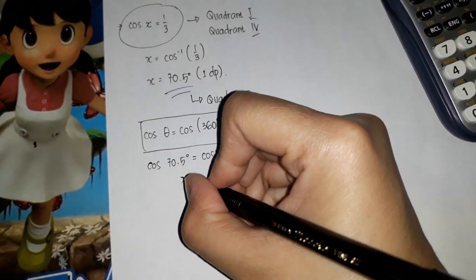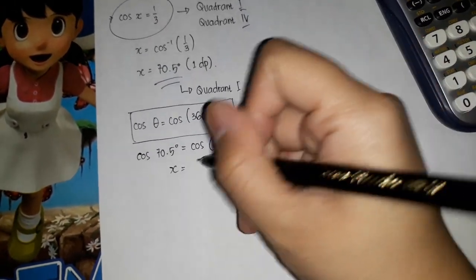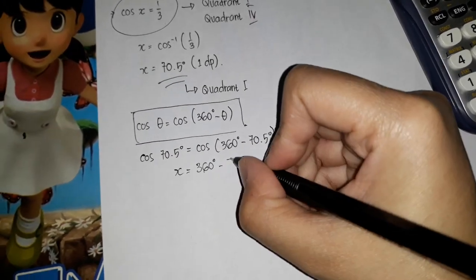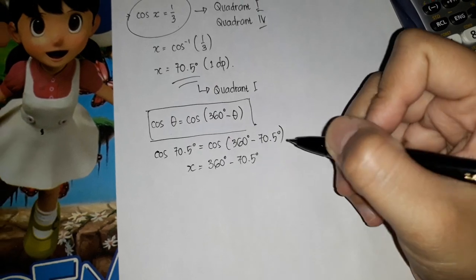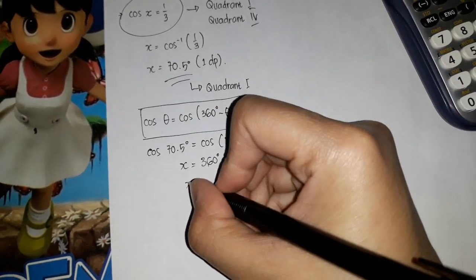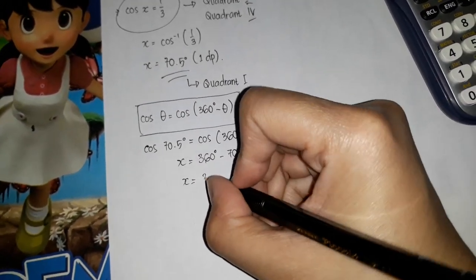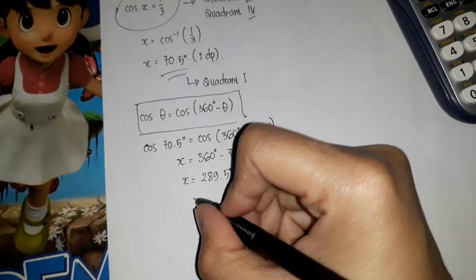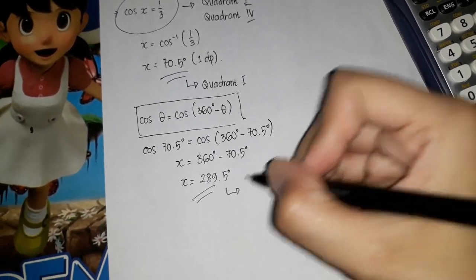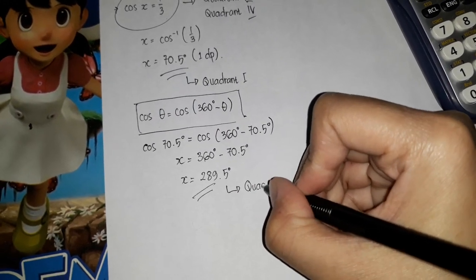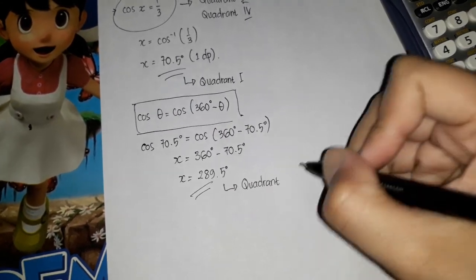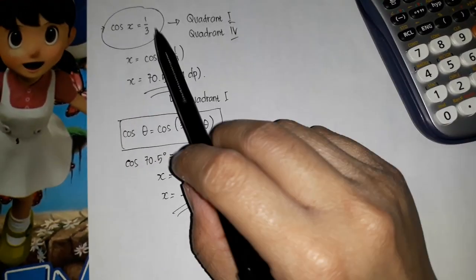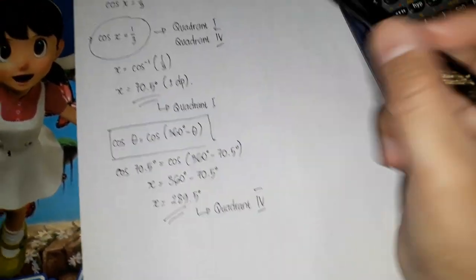So another possible value of x is 360 degrees minus 70.5 degrees. So x is 289.5 degrees. This is the possible value of x where x is in quadrant 4. Yeah, so this part is done.